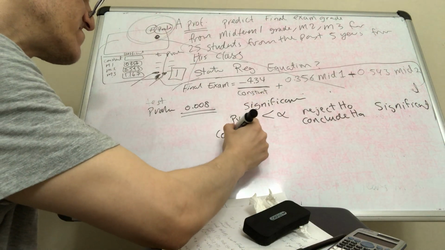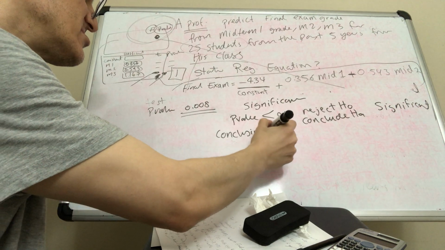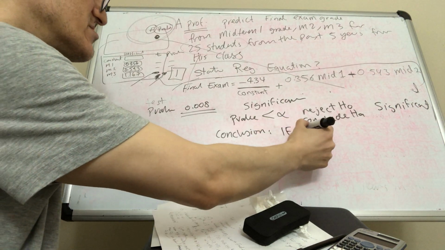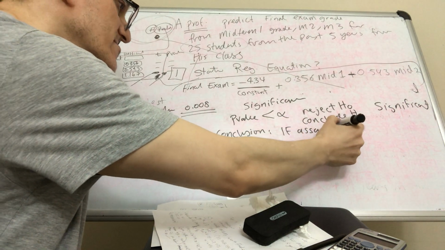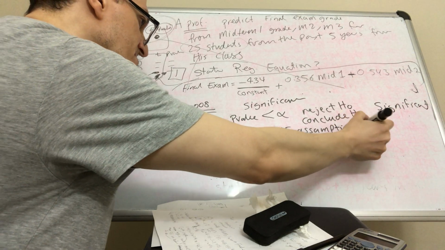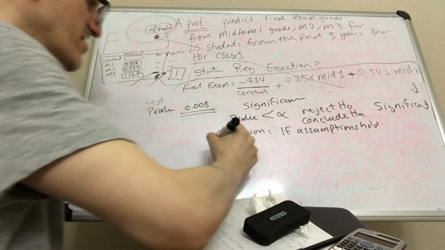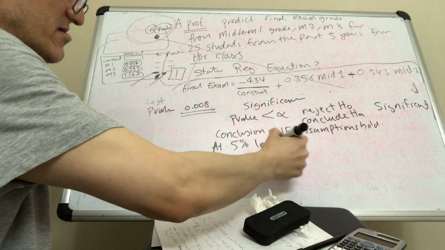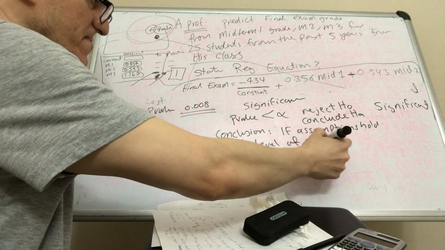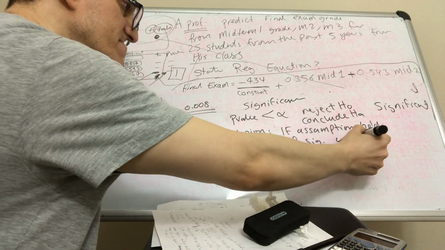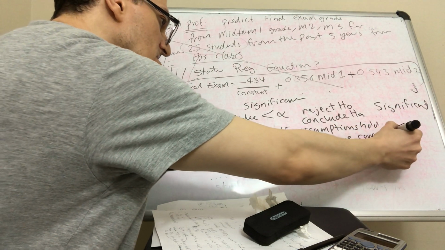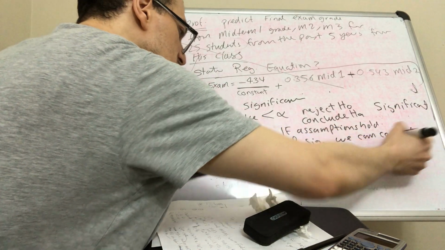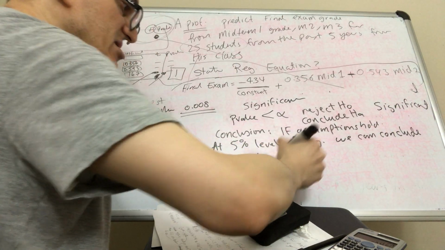And the conclusion in English: if assumptions hold, at the 5% level of significance, we can conclude HA.